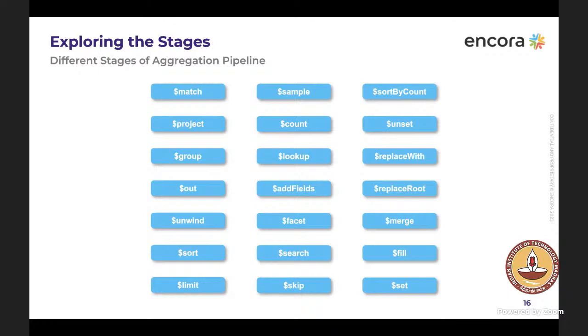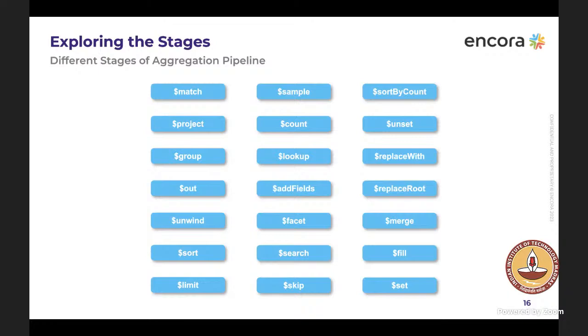Another is lookup, which is most important when we want to fetch data from multiple collections; lookup helps us fetch documents from more than one collection. Another is addFields. Let's say we want to add a new field, either at the zero level or the first level; we can use this stage. Facet search is also very helpful.